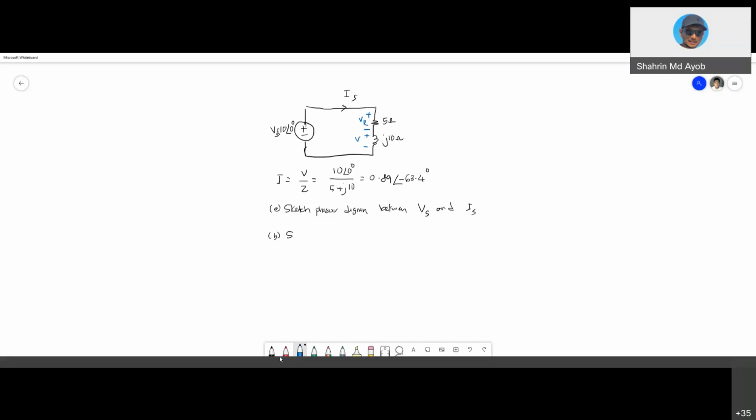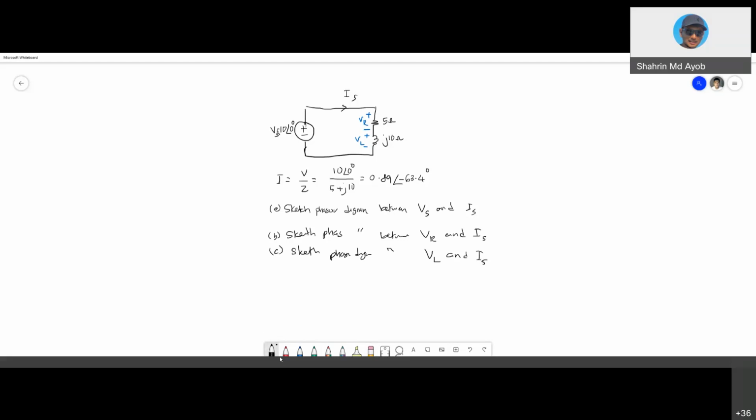This one is VL, for example. And then C, sketch the Phasor diagram between VL and IS. So this is a very interesting question to discuss.